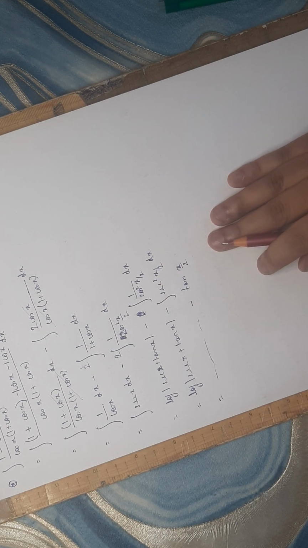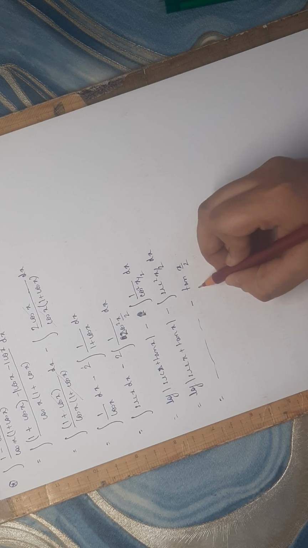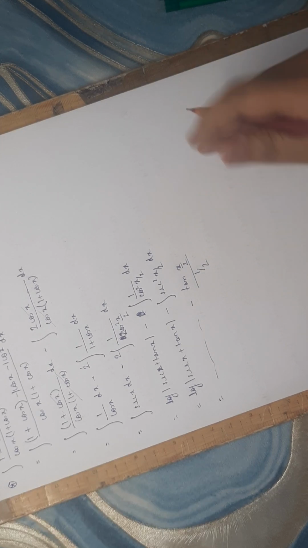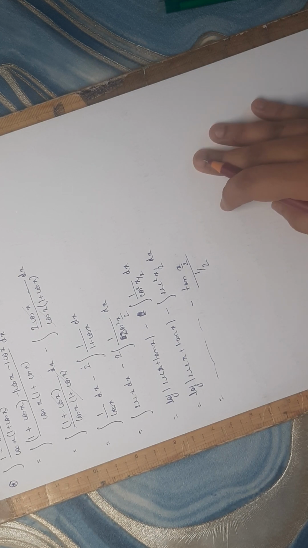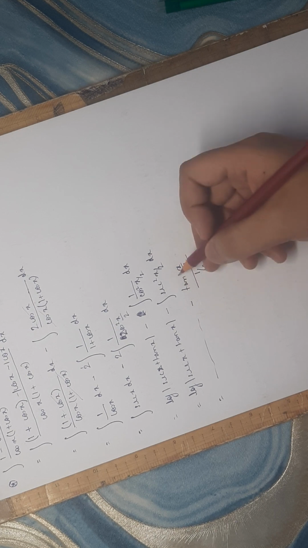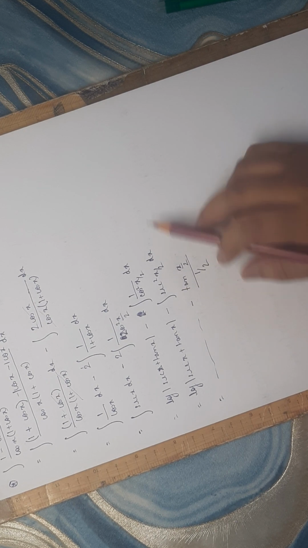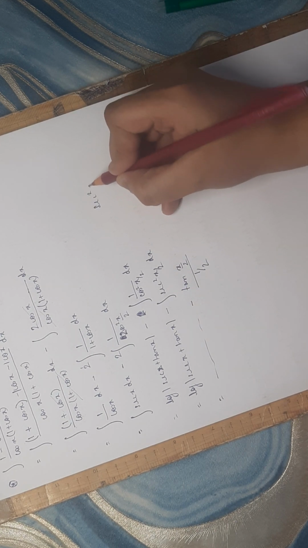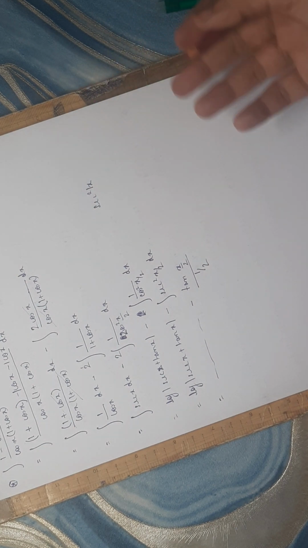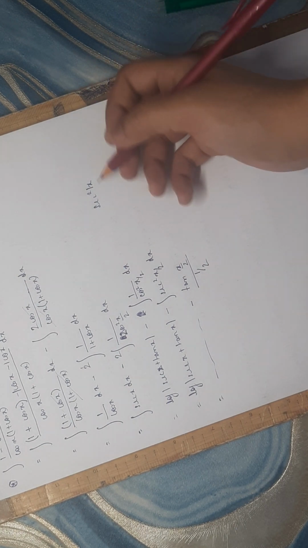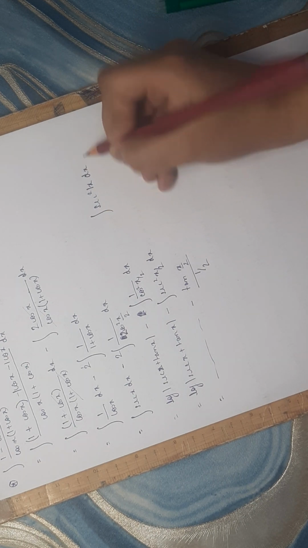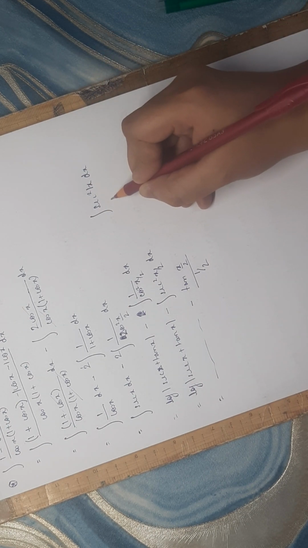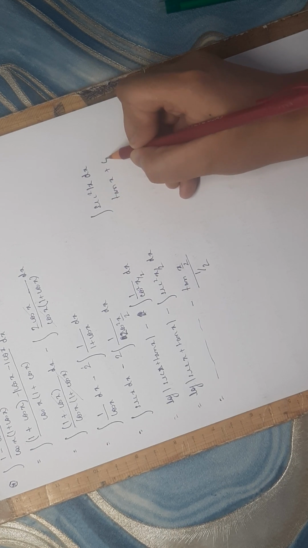Is it over yet? No, it is not. We have to have a half in the denominator. I already discussed such things before, because this is not just a mere sec square x. If it would just have been a sec square x, then we would have a coefficient of 1 here. So the integration of sec squared x dx is nothing but tan x plus c.